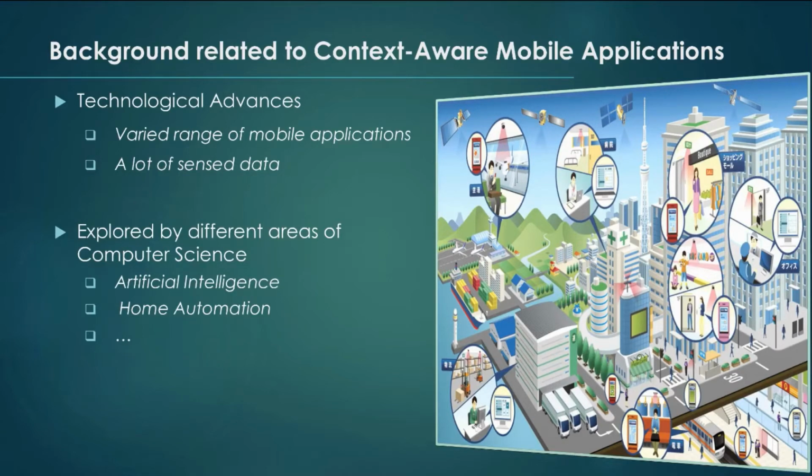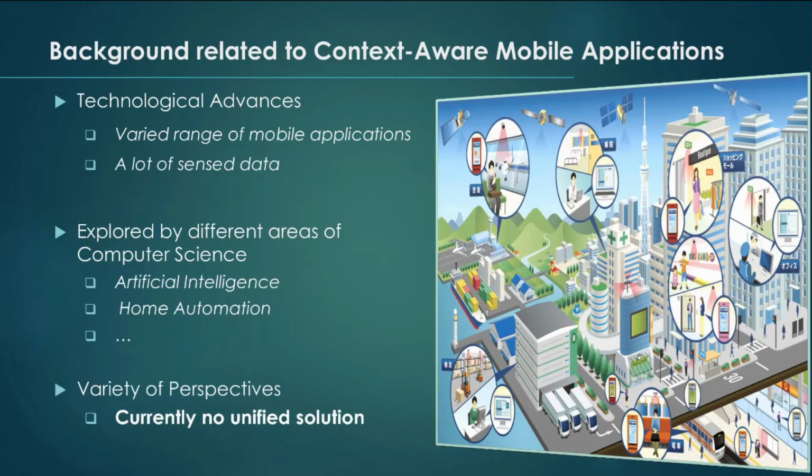Some of these perspectives are specifically oriented, for example, offering solutions, while others are building approaches for this kind of application. That is, context-aware mobile applications are being studied at different levels of abstraction.